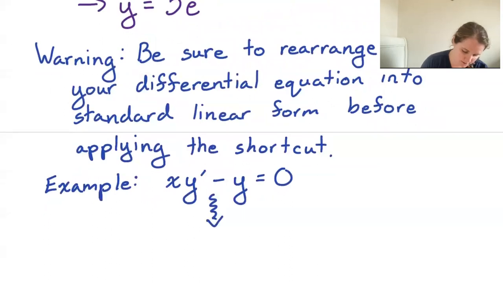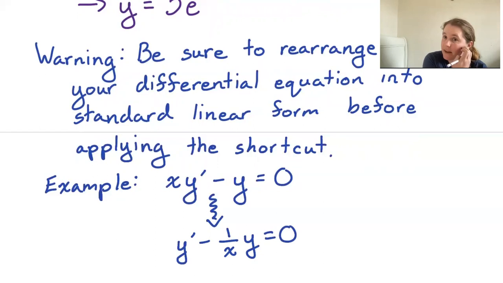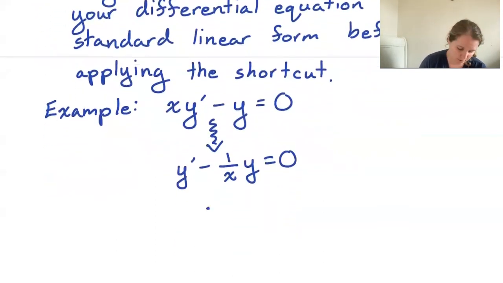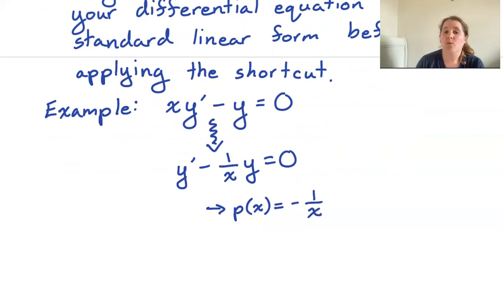So this is equivalent to y prime minus 1 over x times y equaling 0. So our p of x would be negative 1 over x, not the negative 1 that would first appear. So just something to watch out for in these problems. Be sure to rearrange to standard linear form first.